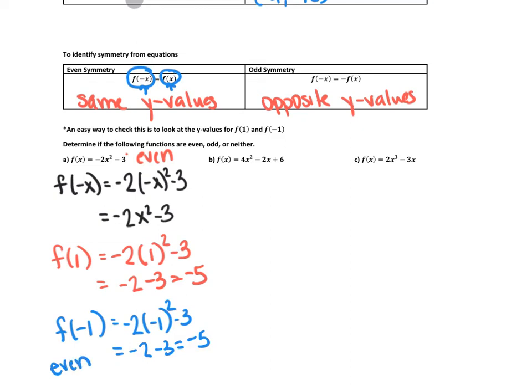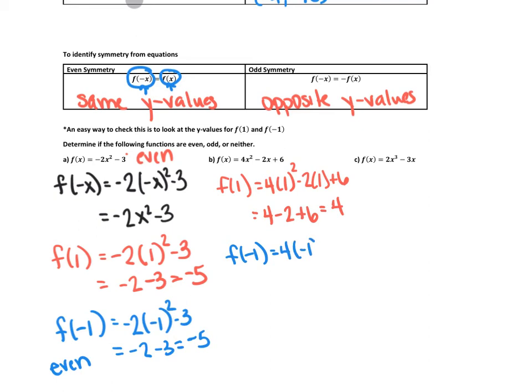Look at the next one. Plug in f of 1 first. So we get 4 times 1 squared minus 2 times 1 plus 6. 1 squared is 1. 4 times 1 is 4. 2 times 1 is negative 2 plus 6. 4 minus 2 plus 6 is equal to positive 4. Evaluate at f of negative 1.